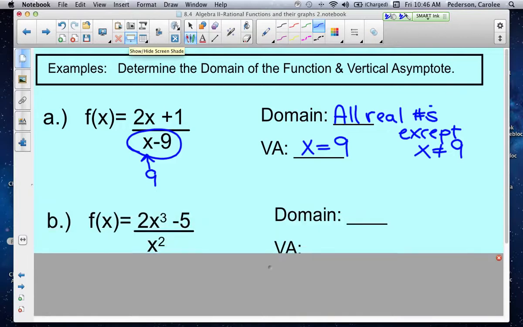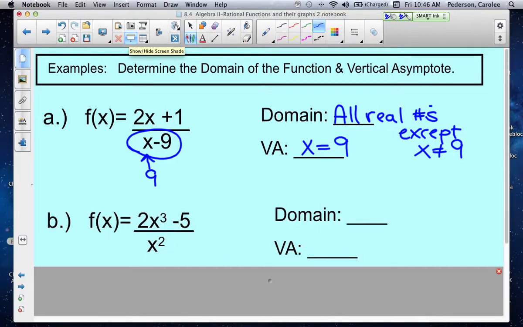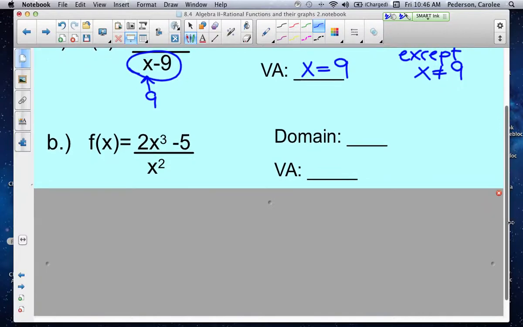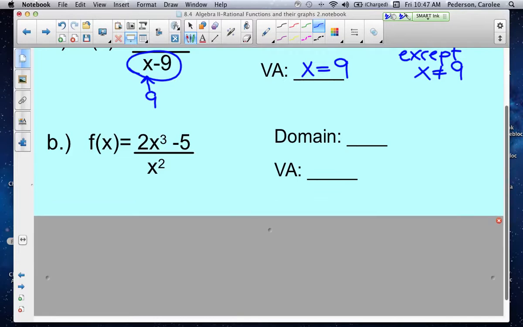So let's try another one. The function is f of x equals 2x cubed minus 5 over x squared. It is already factored out, and we want to look at the denominator. What would make that denominator undefined? What would I substitute in? What would be the domain restriction? If I substitute 0 into that function, 0 times 0 is 0.